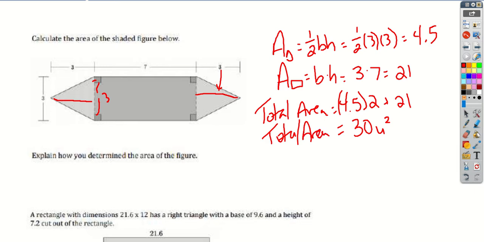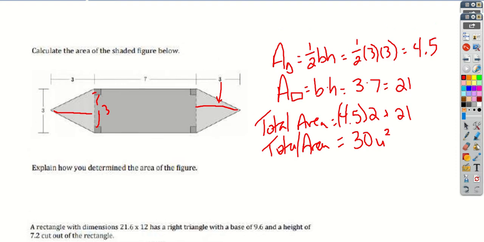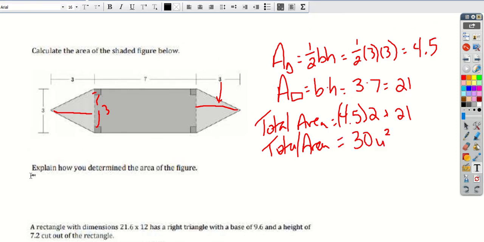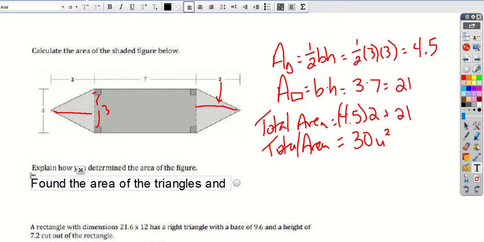All right. And we can just say for explain, put down: found the area of the triangle and rectangle and added them together.